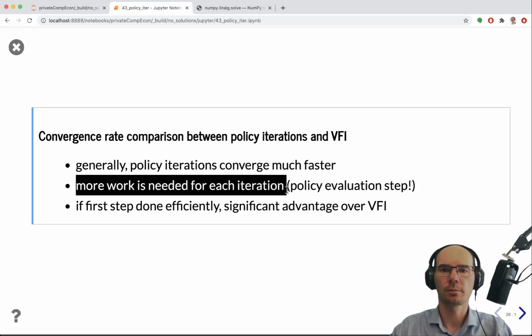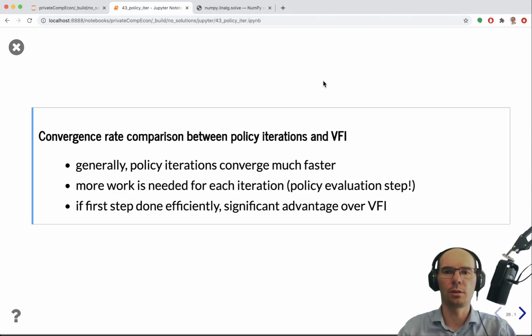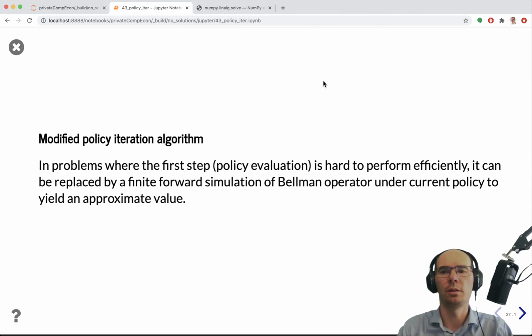Because we need to solve this additional functional equation. Well, we have succeeded in representing it as a linear equation solver, so it doesn't take any time. But even if we didn't, in a problem like this, it seems that running 100 or more iterations might actually be slower than running just a few, even though they're more work. And that's the main conclusion for the policy iterations.